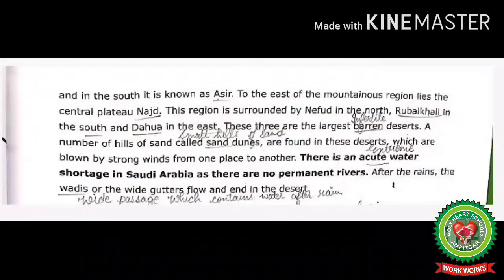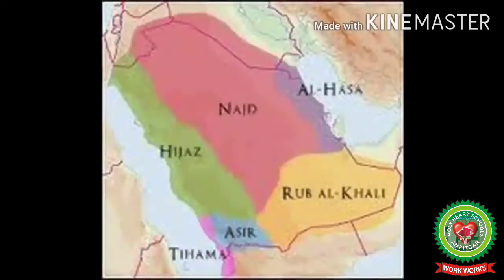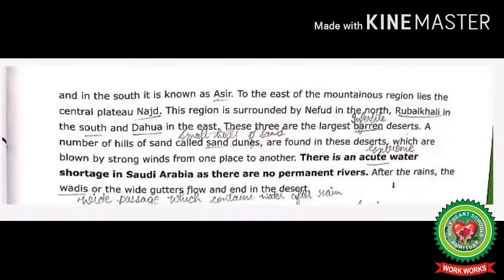To the east of the mountainous region lies the central plateau Najd. Plateau Najd lies to the east of Hijaz. This region is surrounded by Nefud in the north, Rubal Khali in the south, and Dahua in the east.